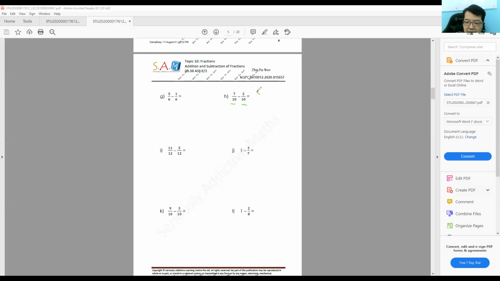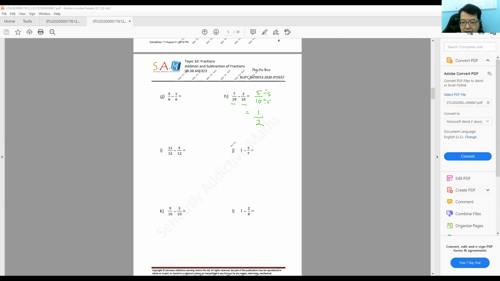That gives you 5 out of 10. Is the answer in its simplest form? No, so it can be divided by the same number, and in this case it's 5. 5 divided by 5 equals 1. 10 divided by 5 equals 2. So the answer is half.